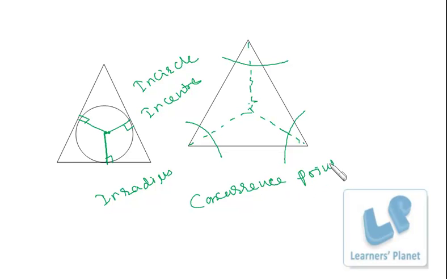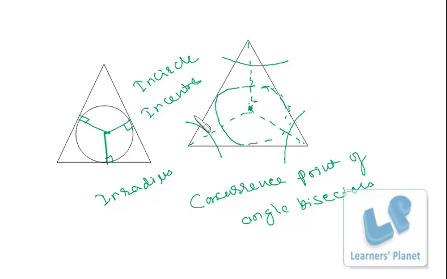So this is the incenter and this will be the incircle, like this. This is the inradius, this is the incenter, and this is the incircle. We assume the radius of this incircle is r.